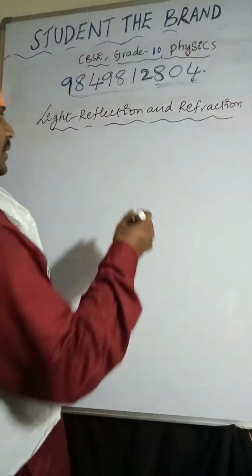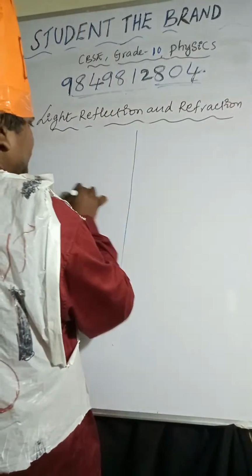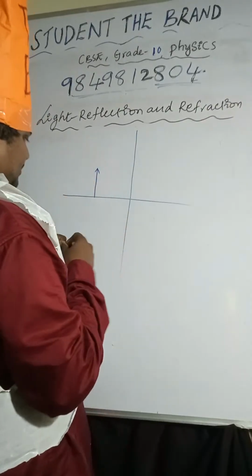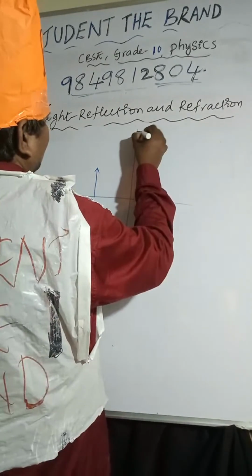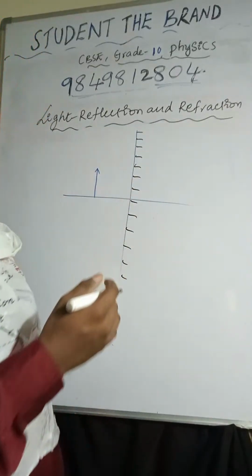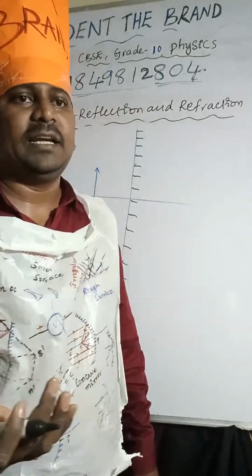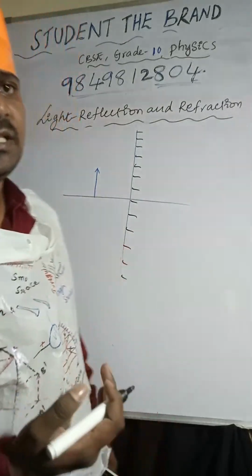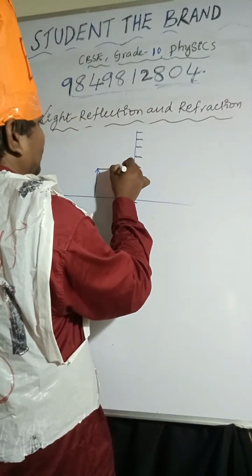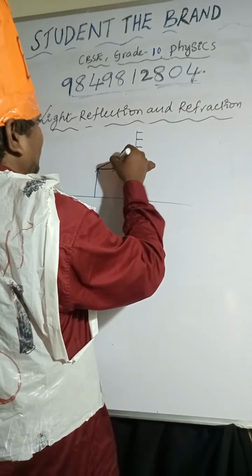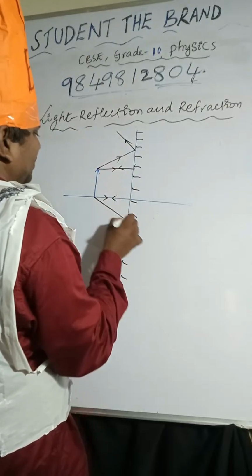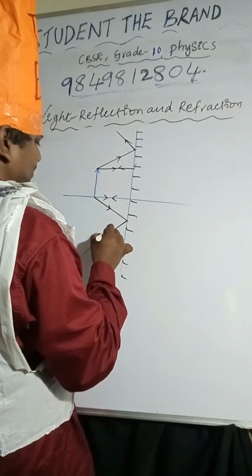You can observe this is the plane mirror, and I'm taking the object here. How many light rays are required to form the image of the object? Minimum 2 light rays are required, as we discussed. Now one light ray I'm taking like this, and one more light ray here, and this will be reflected back. One more light ray here, so it will be reflected back.